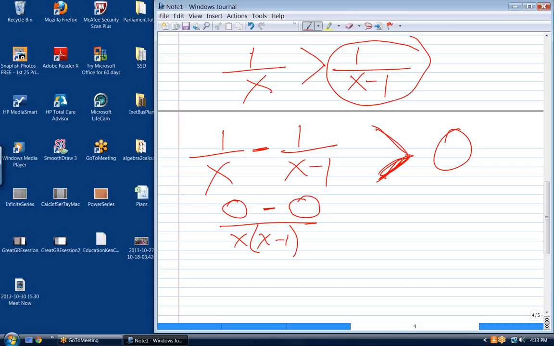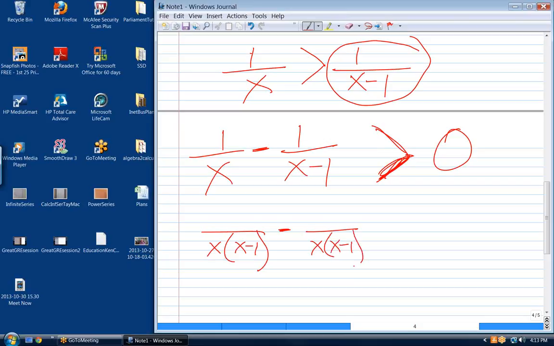Let me rewrite this. So I have something over x times x minus 1. Then I'm going to subtract another fraction that's going to be over x times x minus 1. So what goes here?